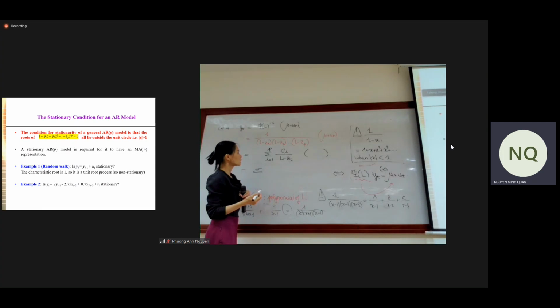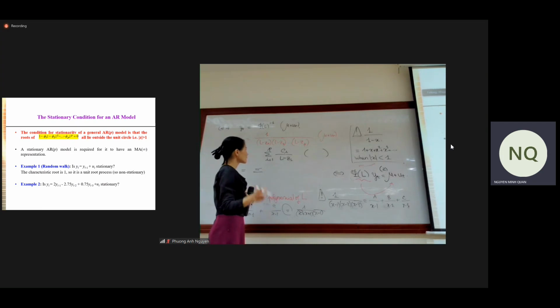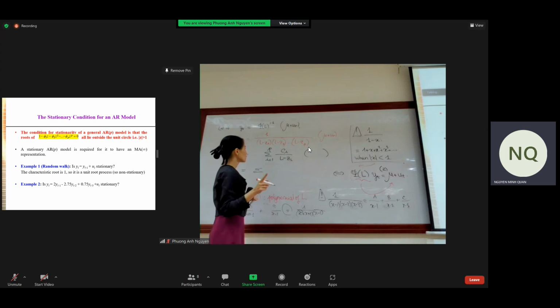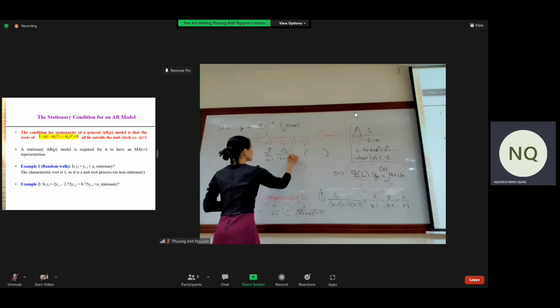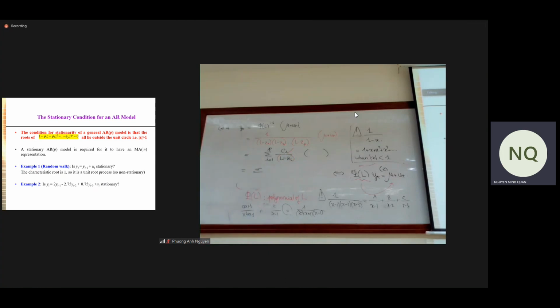Divide both sides by L, or by Z? Dividing by L, where L is the operator.